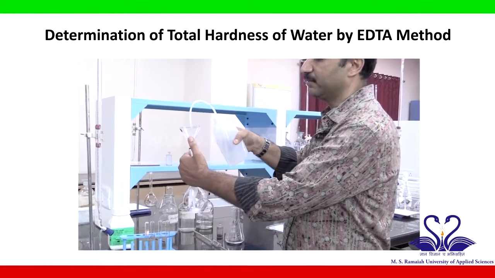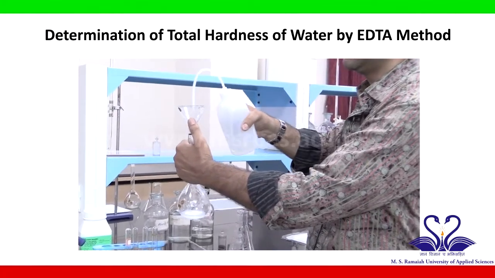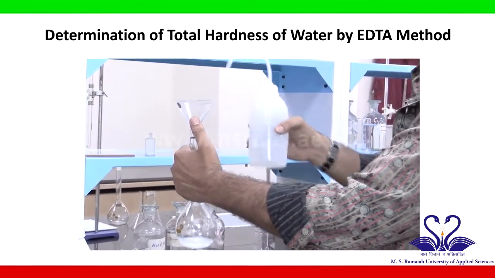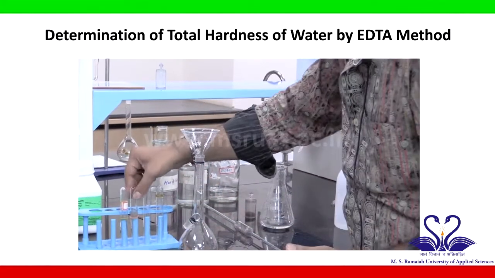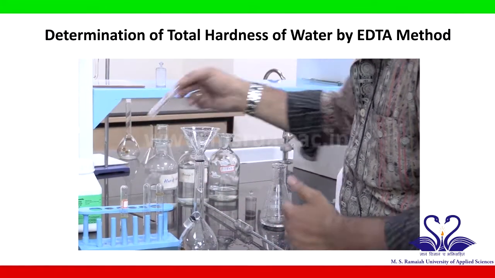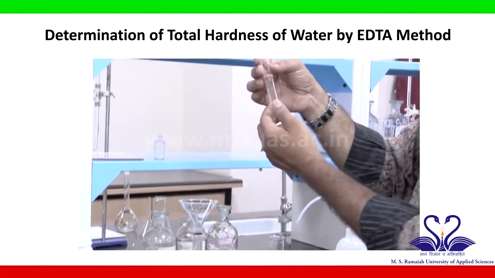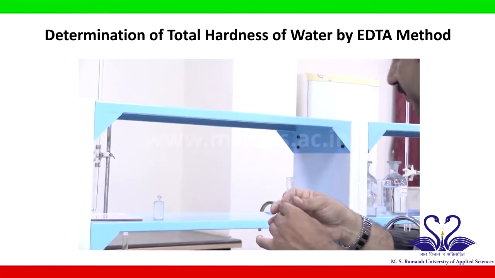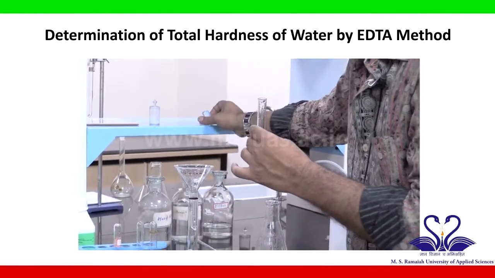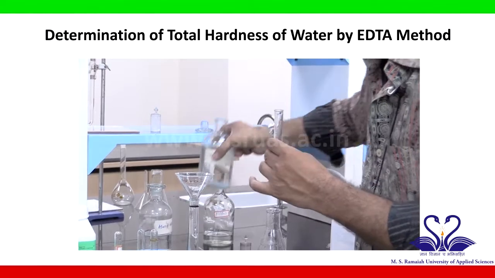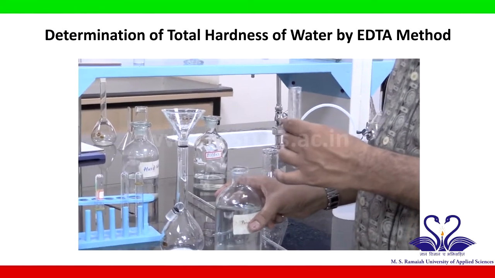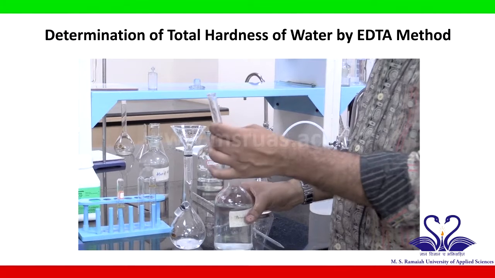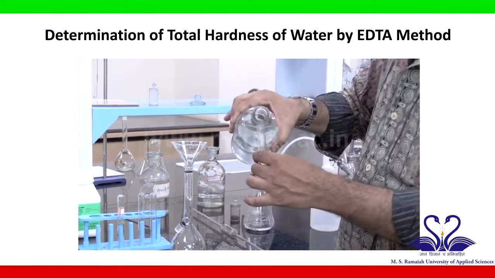and dissolve it by adding some quantity of distilled water, and then half a test tube of ammonia. We have made a mark, so that half test tube you have to use. Since EDTA is sparingly soluble in water, the solubility of EDTA can be increased by adding this ammonia.